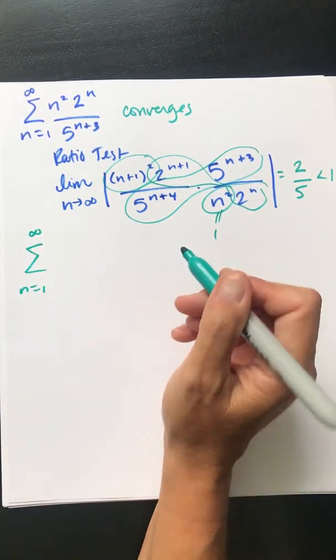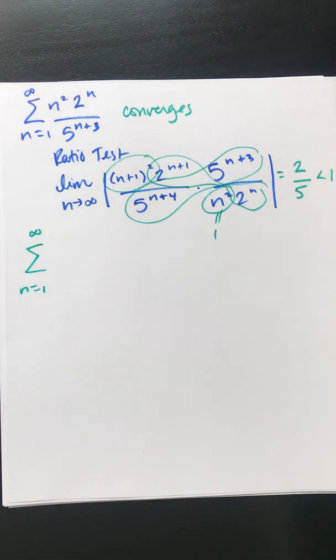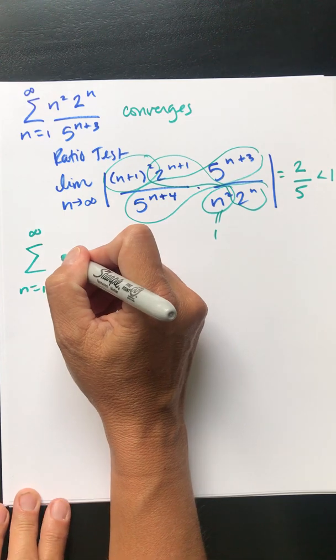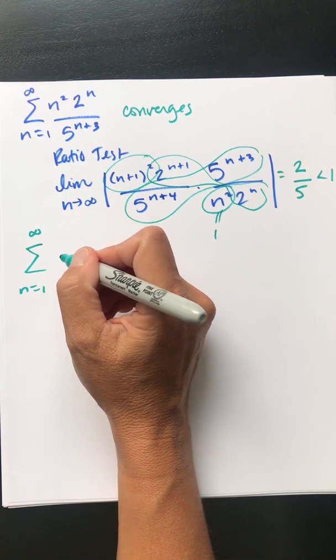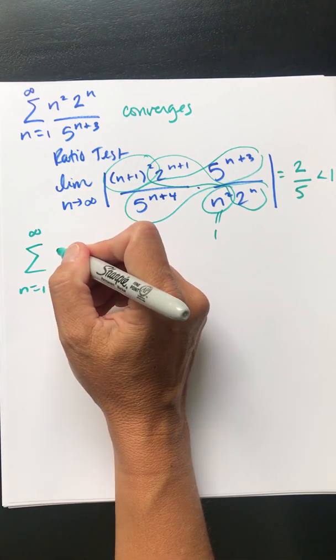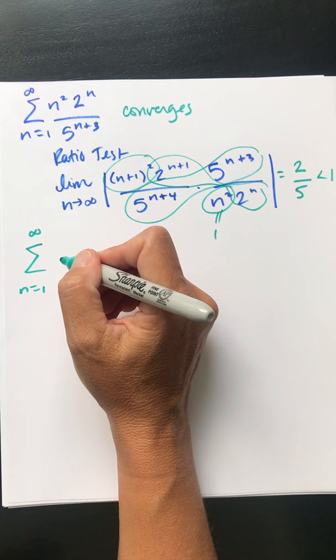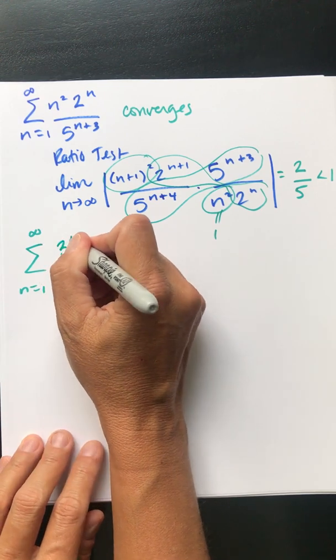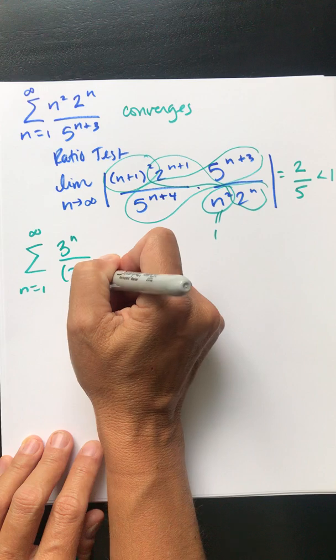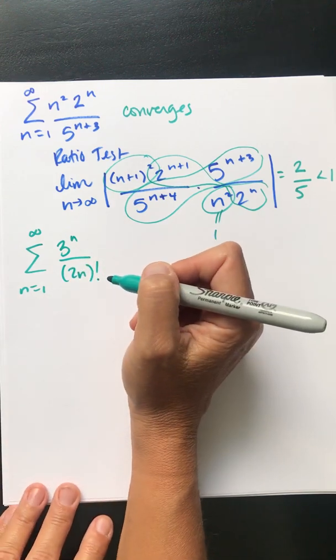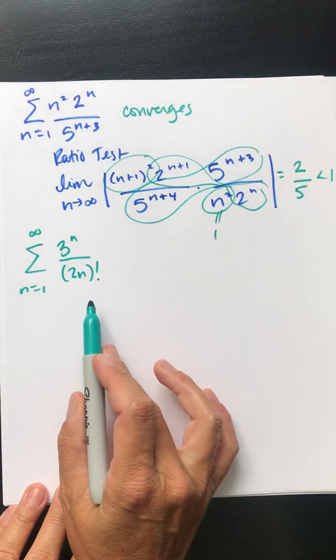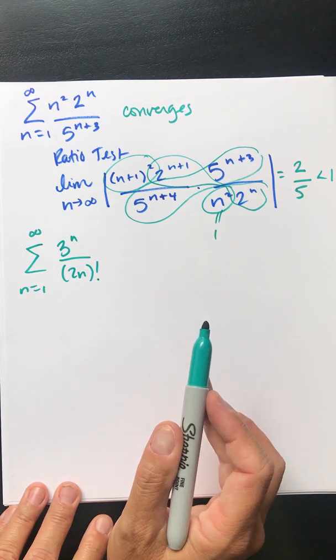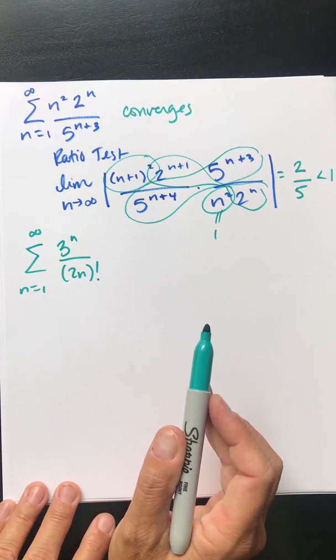Let's try another one. Let's take the sum from n equals 1 to infinity of 3 to the n over 2n factorial. So again, I have the factorial in here, which makes us think that we want to try the ratio test.